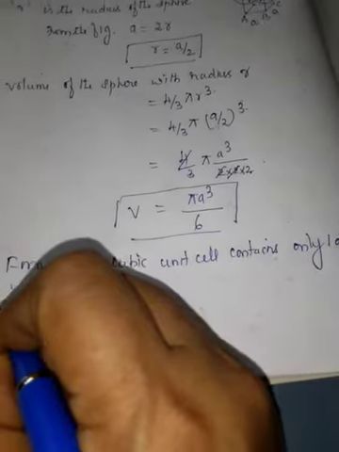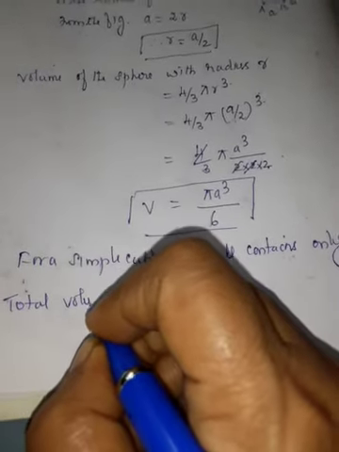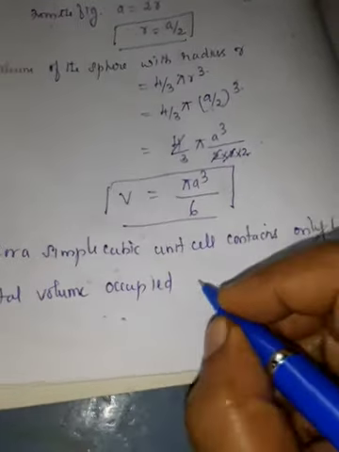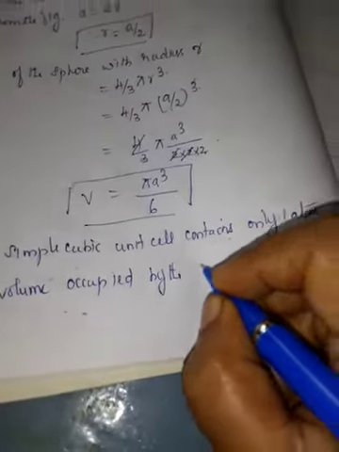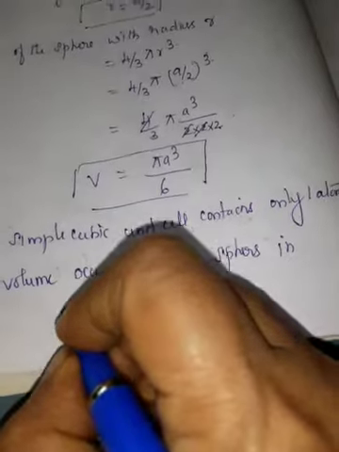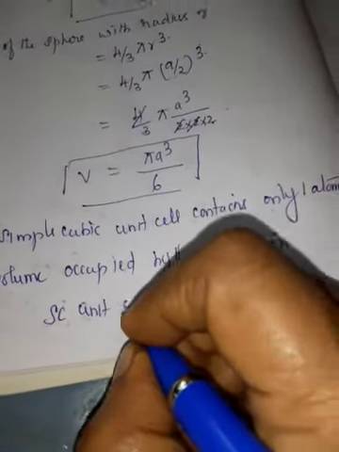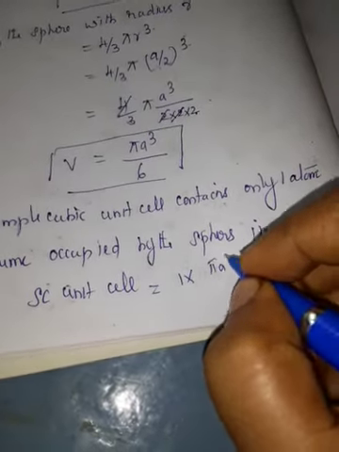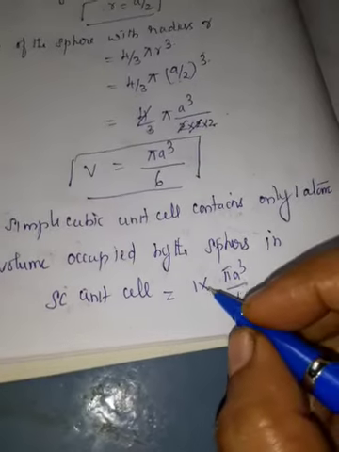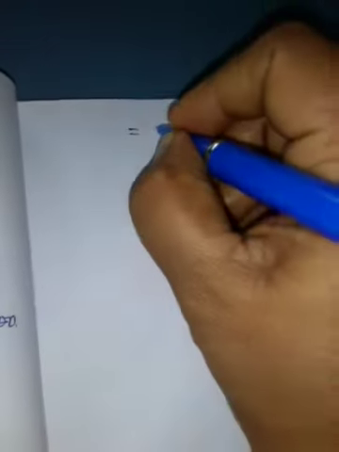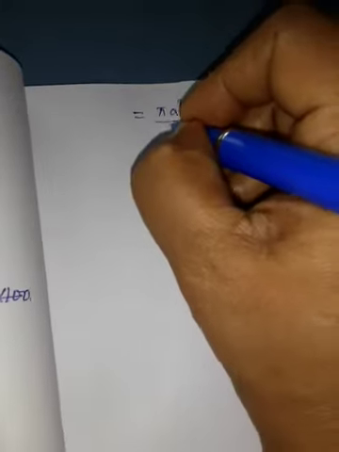Therefore, total volume occupied by the spheres in simple cubic unit cell is equal to 1 into pi a cube by 6. 1 means the number of atoms, that is 1 into pi a cube by 6, which is equal to pi a cube by 6.